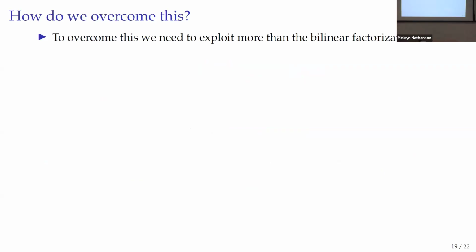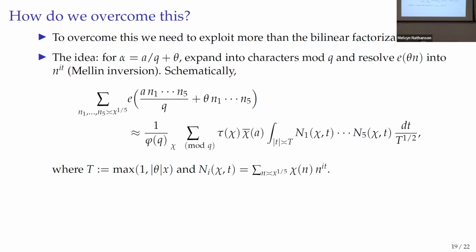To go beyond bilinear methods, you need first a formula that's somehow multilinear, right? So the only way to do this is to actually open this into characters. And what we do is that we open this into Dirichlet characters and this into n^(it) characters. And so you have this kind of formula where you see you pay square root of Q here because you're doing something unnatural, transforming this into Kloosterman sums.